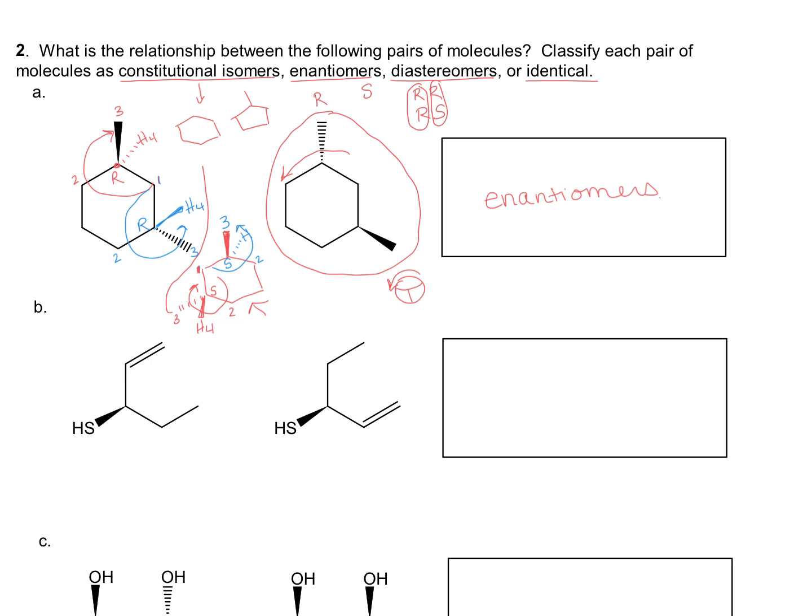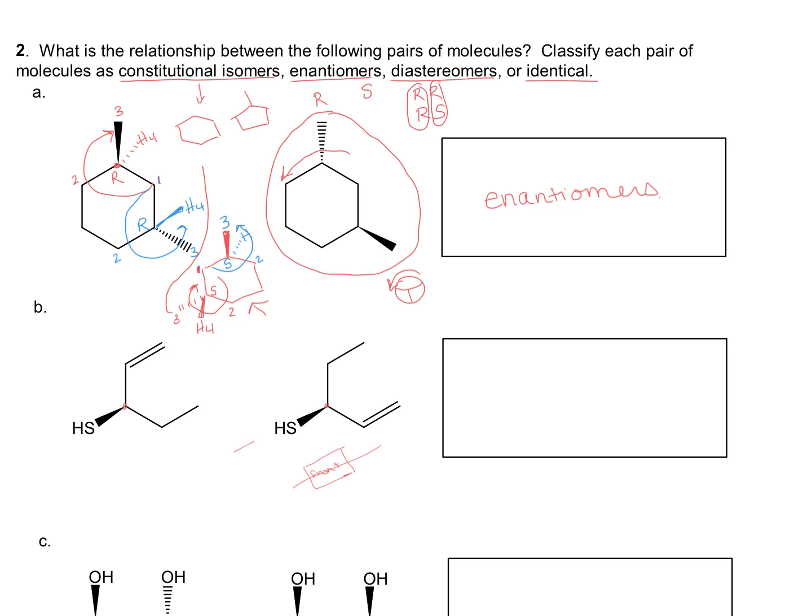Letter B. Letter B, I think visually, it's a little bit harder to flip it over. If you want to envision the molecule over here like a piece of paper, I would try to get those two double bonds to line up. So if this is the front of the paper, you're going to flip it. So now the back is like, take it like a piece of paper and flip it over.